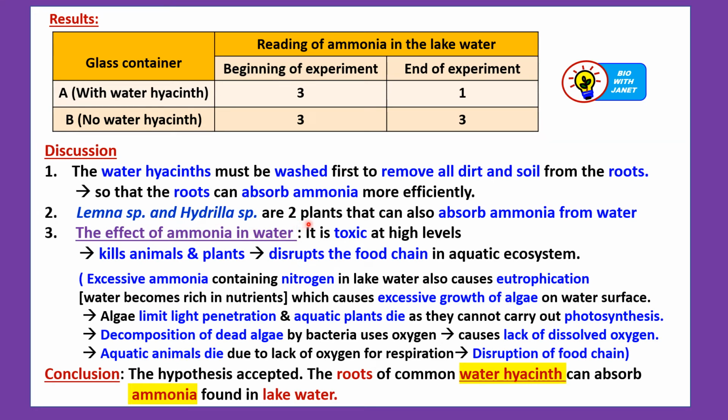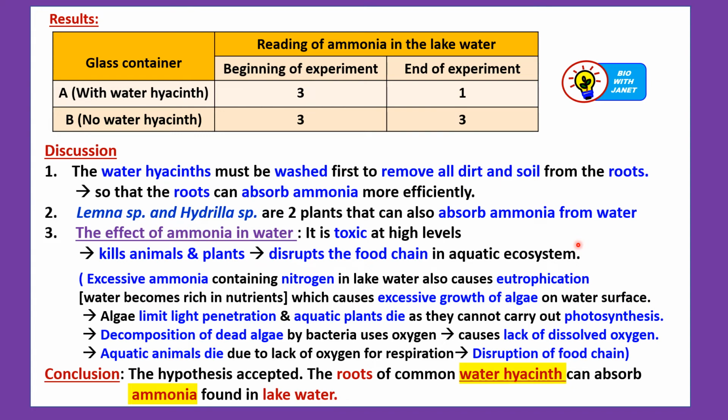There are 2 other plants that can help to absorb ammonia from water. Because they take up the ammonia NH3 compound, or the ions of ammonium are taken up to be used for growth of the plant.